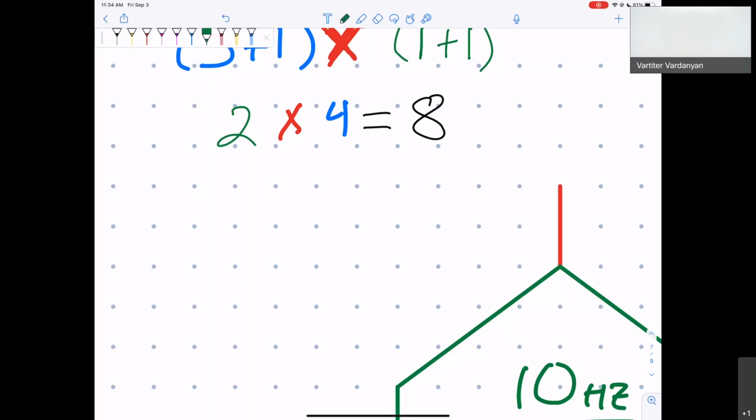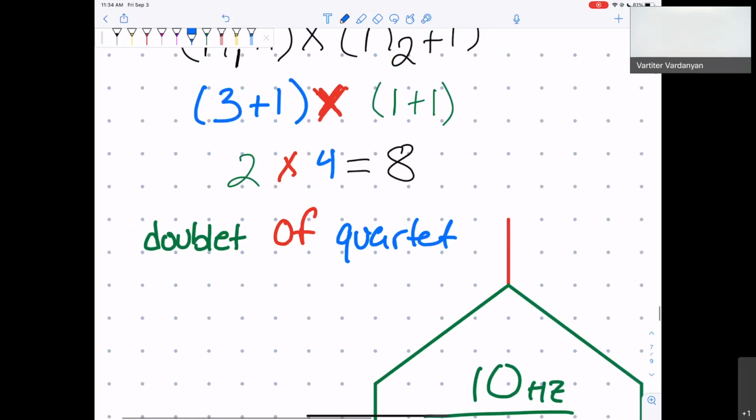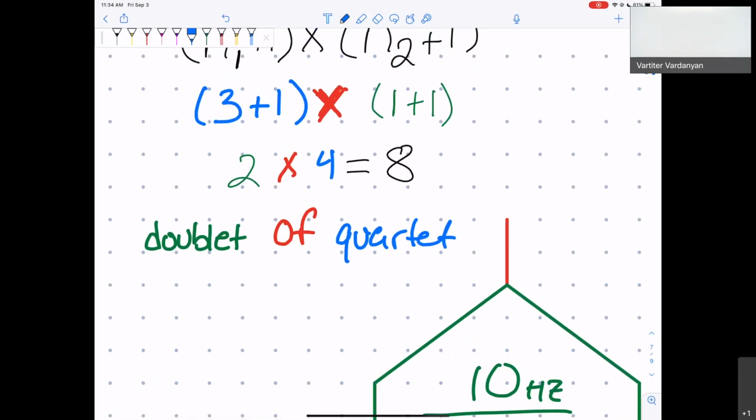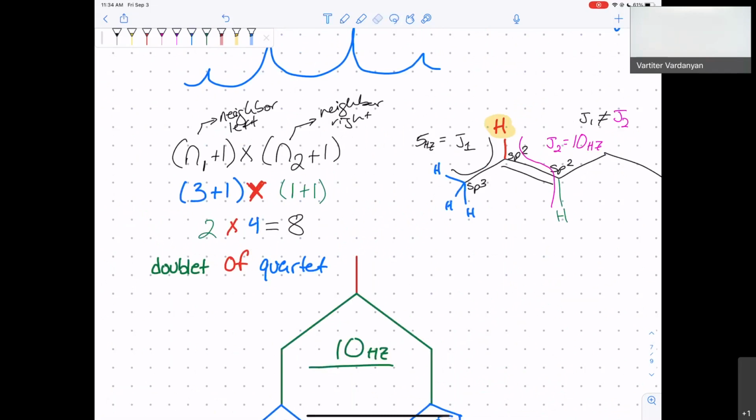All right. So when we're naming, we're going to use the multiplication sign as "of." And then on either side of it, we're just going to name it. So we have a doublet, because it's 2, of quartets. So how do you know?